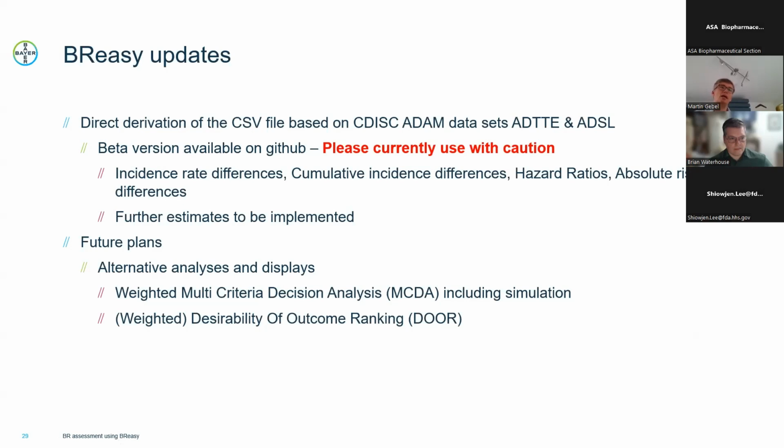And after we've done that, we will further think and decide whether we will include weighted multi-criteria decision analysis, including simulation of the weights and study estimates, and or we will consider addition of the DOOR approach, including a potential weighting as well. But this is for the future.